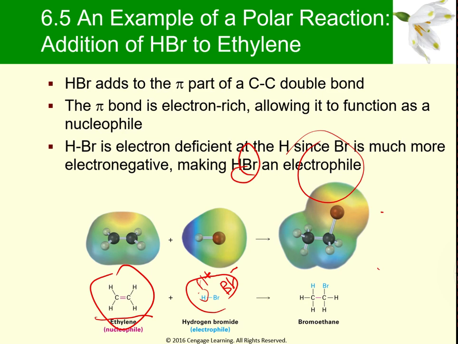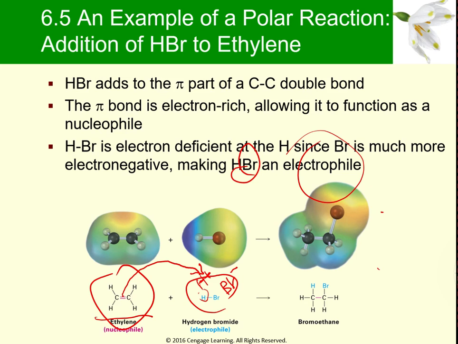Now HBr is a Lewis acid because H plus in HBr is an electrophilic species. Because ethylene is a nucleophile, it will abstract the electrophilic species coming from HBr, that is H plus. So the first step of the reaction will be the two electrons in the double bond attacking the electrophilic species H plus, and forming the first intermediate.